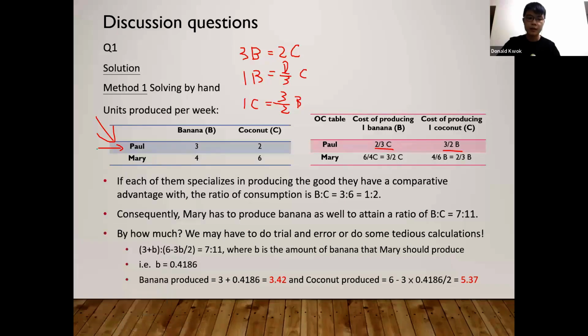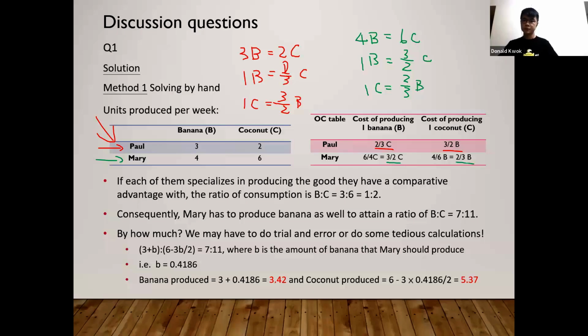Similarly, from Mary's perspective, given 1 week, she can produce either 4 bananas or 6 coconuts. So we have the opportunity cost relationship for Mary. Dividing both sides by 4, we have 1b equals 3/2 c, or dividing both sides by 6, we have 1c equals 2/3 b. This is the information in the row of Mary.